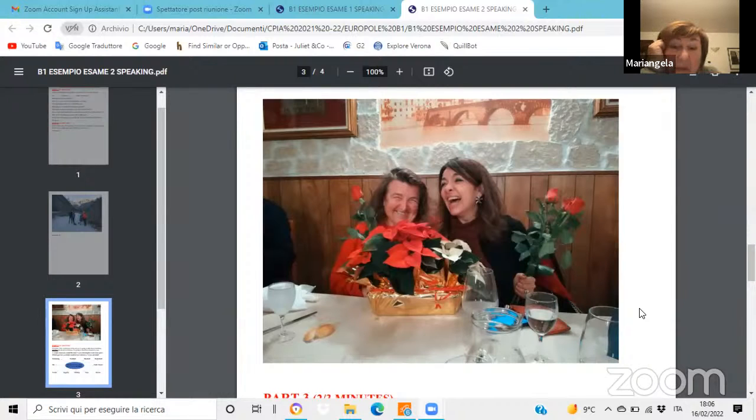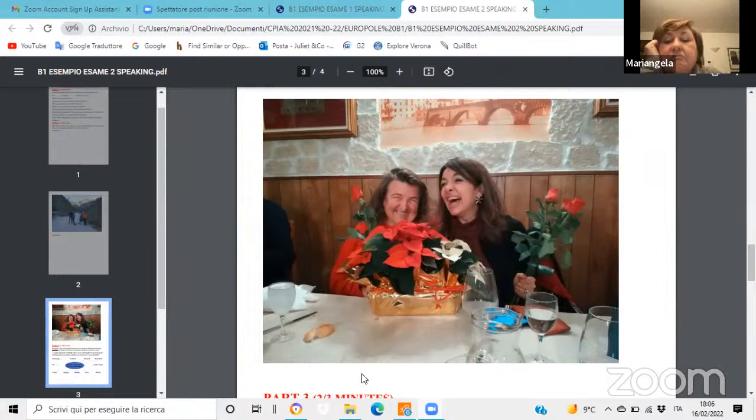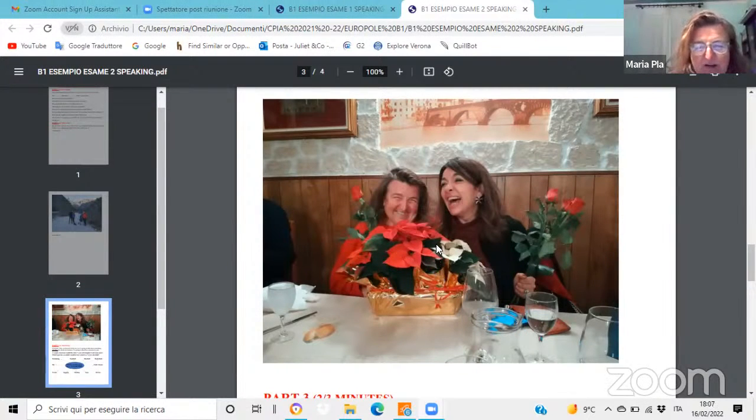It's a Christmas party, maybe, because the flowers in the foreground look like Christmas stars. I don't know the right word for this flower. The Christmas star, yes. They are Christmas stars, which are typical of Christmas time.